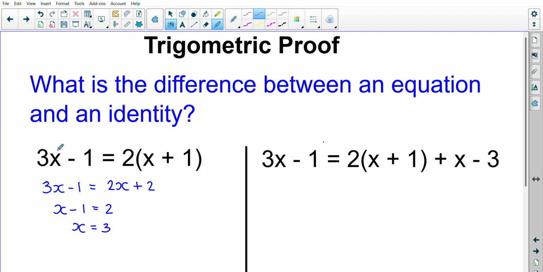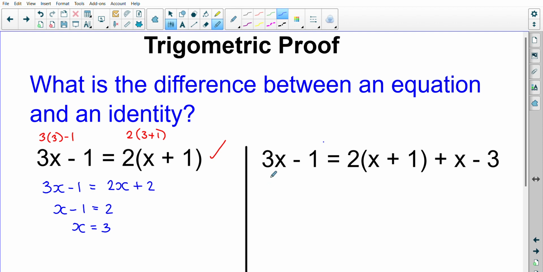Let's check. 3 times 3 minus 1 is going to be 8, and then 2 times 3 plus 1, 2 times 4 is going to be 8. So yeah, that works. So that will be the only value of x that will work. If there were other values of x, I should have got them.